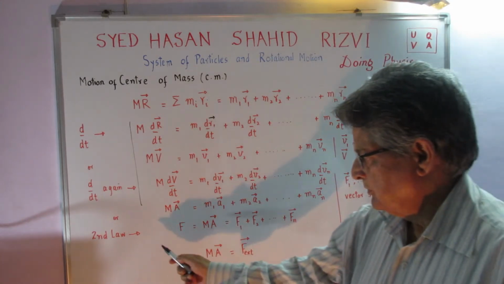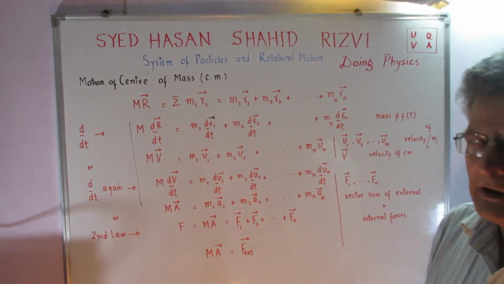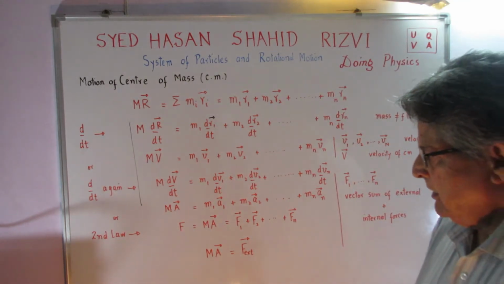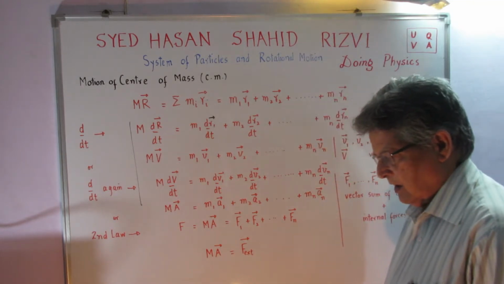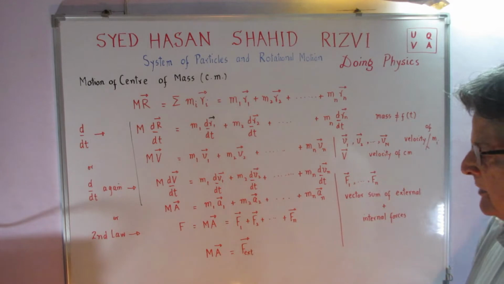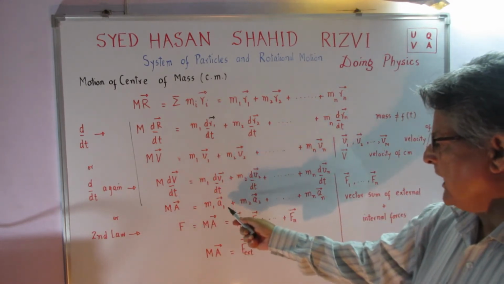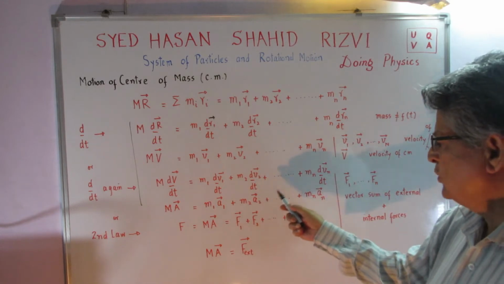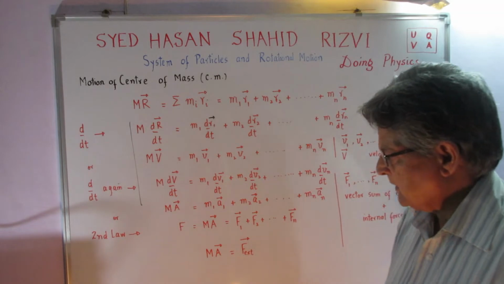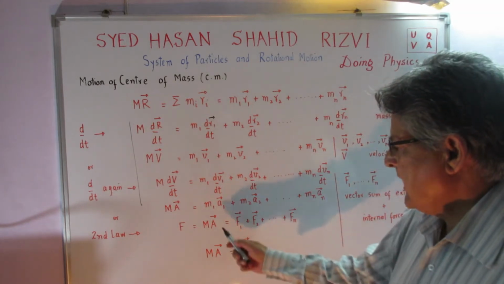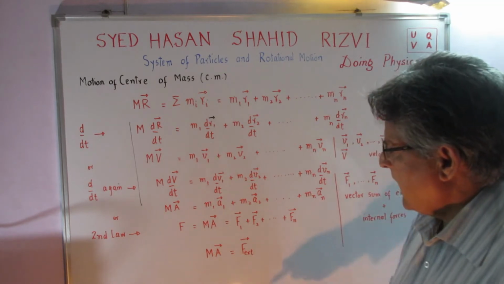Now if we apply Newton's second law, where F is equal to m dv/dt or ma, then I can write this as m1 a1, m2 a2 plus and so on. Or I can just say that M A is equal to F by application of the second law.